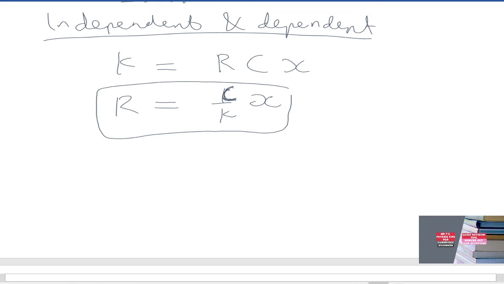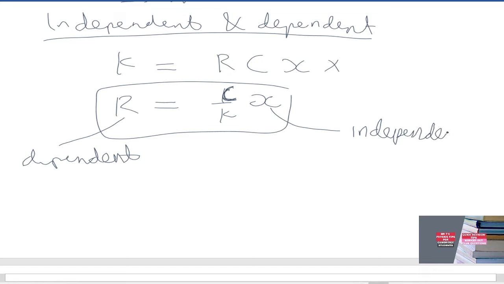in this format here, please ignore this part. So in this format here, this one becomes your dependent variable. Okay, that's the dependent variable, and then x is going to be your independent variable. Independent variable is what you vary. So you're going to vary x, and then you are going to obtain r readings.